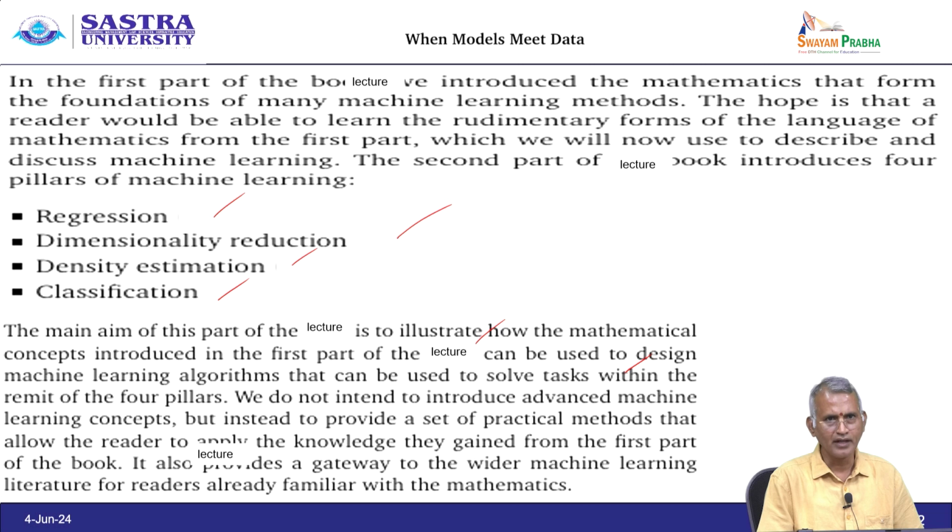We do not intend to introduce advanced machine learning concepts, but instead to provide a set of practical methods that allow the reader to apply the knowledge they gain from the first part. It also provides a gateway to the wider machine learning literature for readers already familiar with the mathematics.